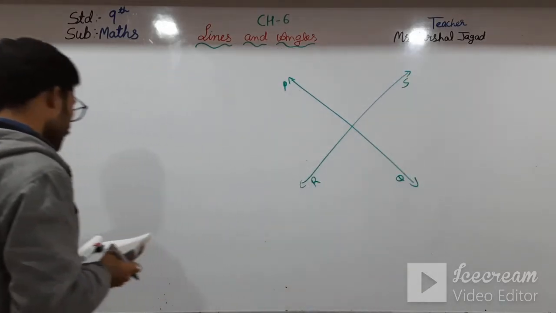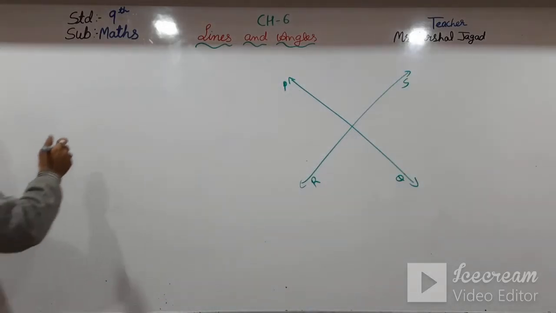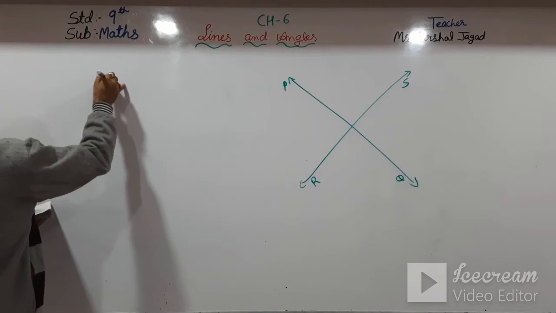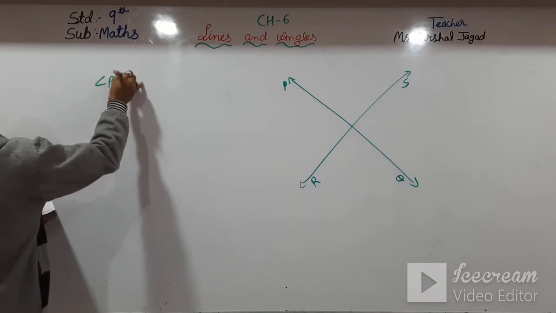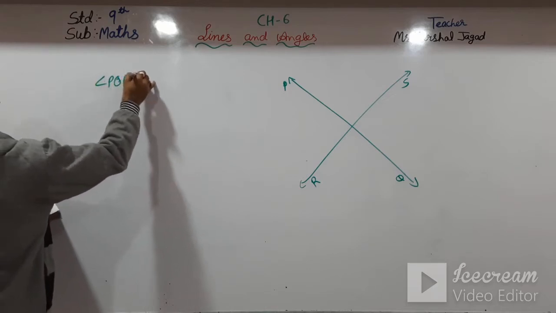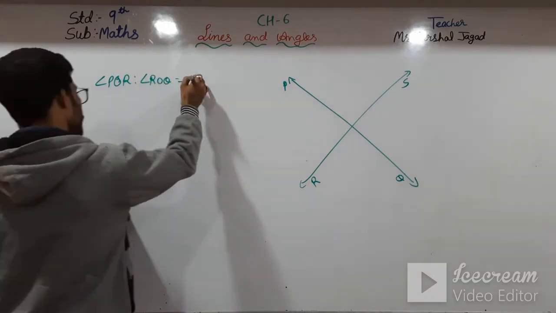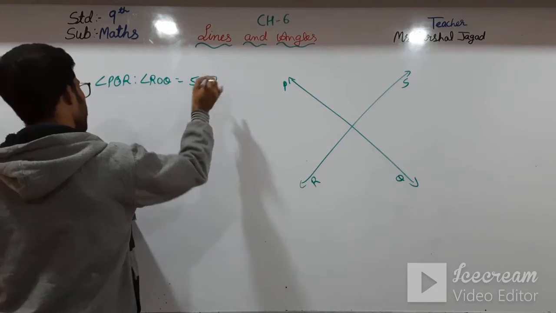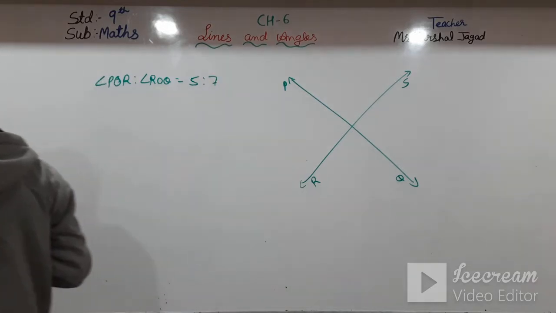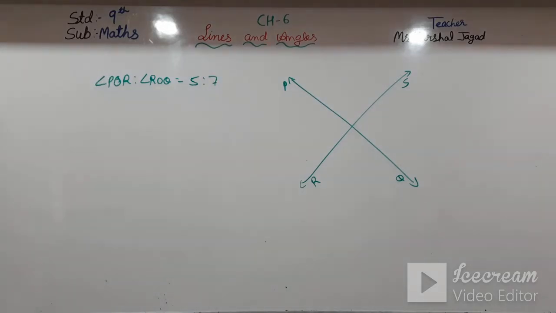Okay, students, what they have said: if angle POR is to angle ROQ is equal to 5:7, then we have to find all the angles. Let us find all the angles.